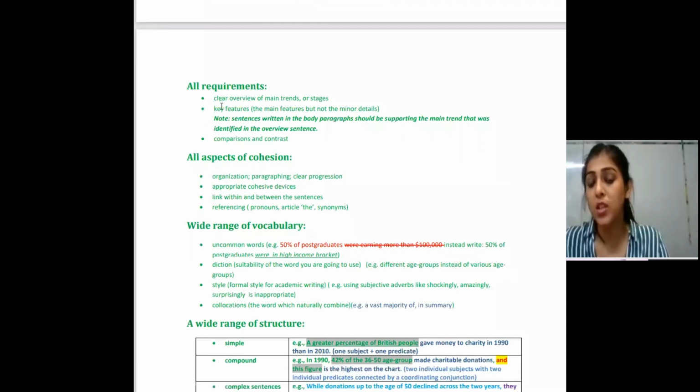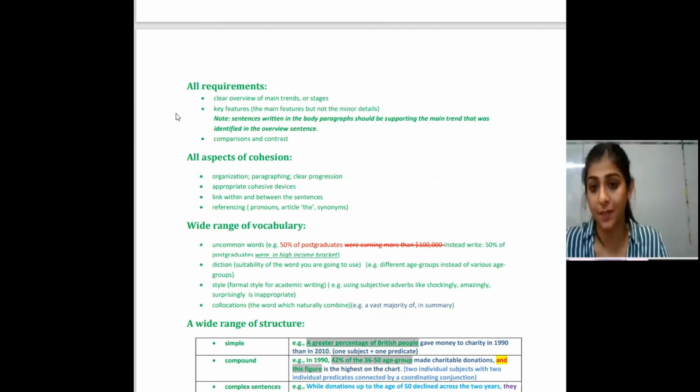Now here, see, what are the requirements when you intend to meet the task achievement criterion? The first requirement that you need to cover is that you give a clear overview of the main trends or stages in the task. Now, most of the students have a misconception about an overview sentence. What they think is that an overview is all about writing the highest or the lowest figure.